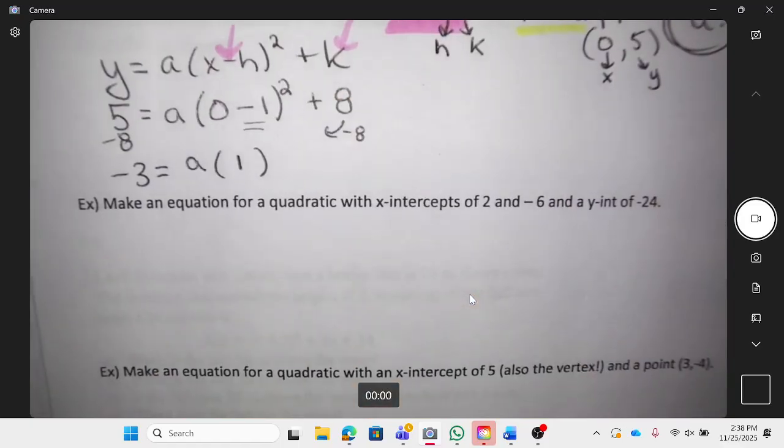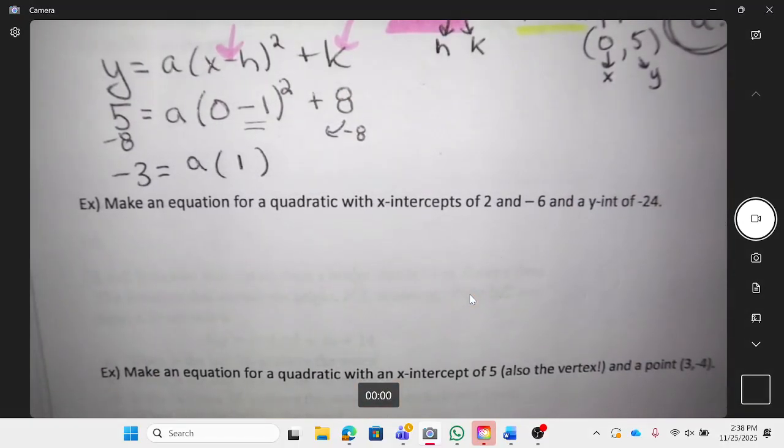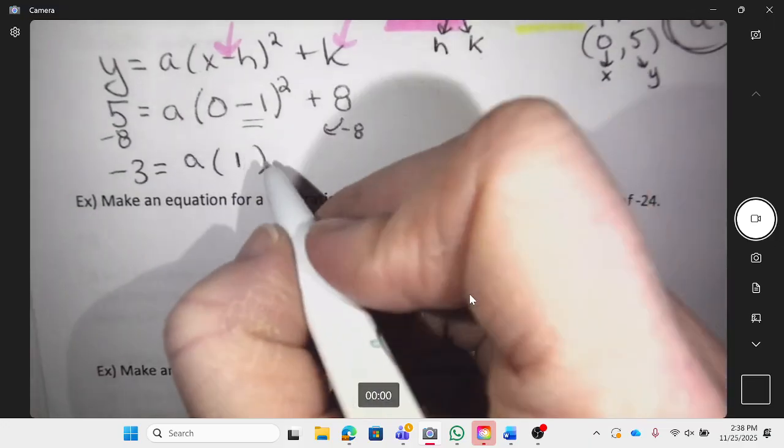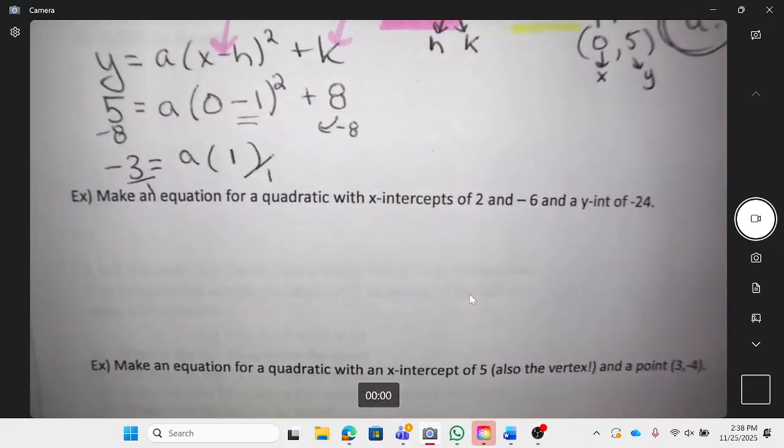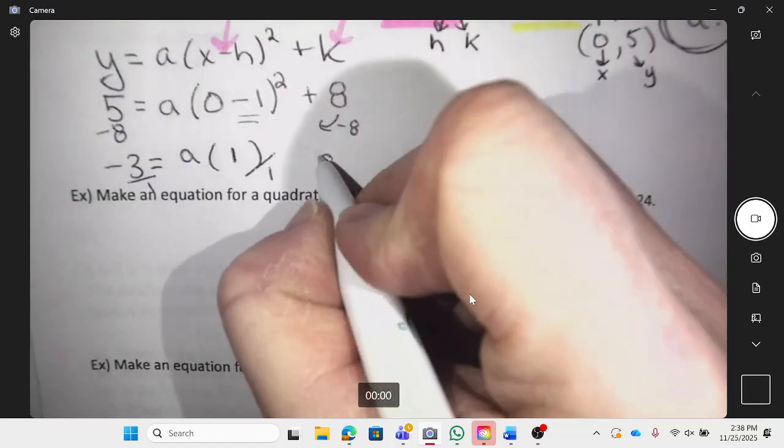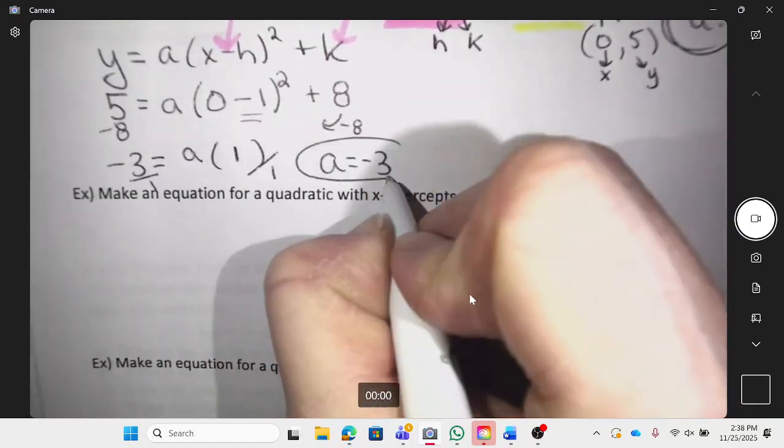Did you get 1? It should be 1. Divide by 1, or you don't really need to even do that, right? A equals -3.